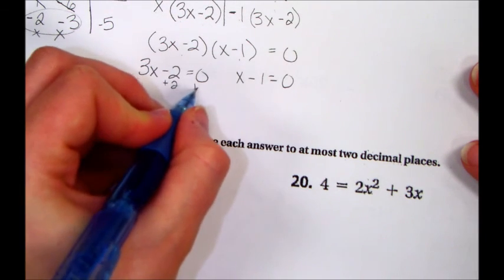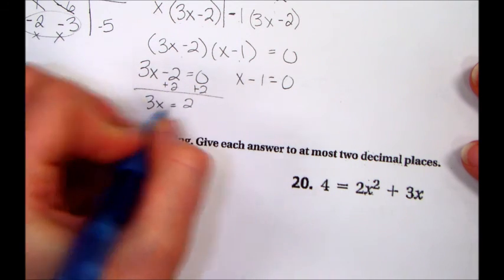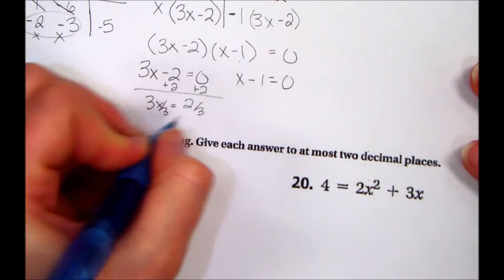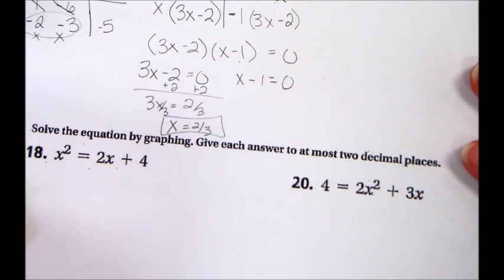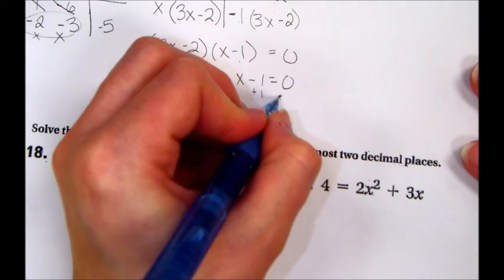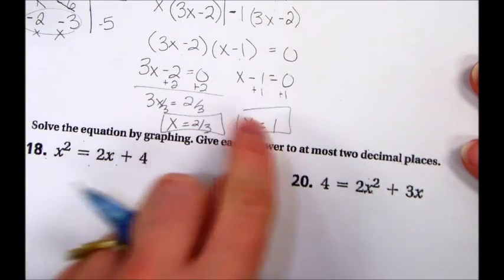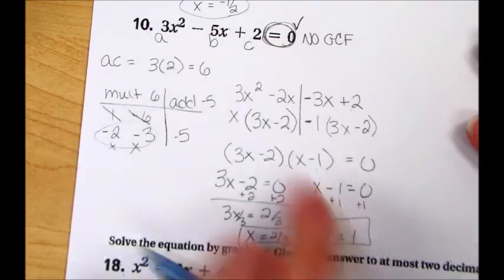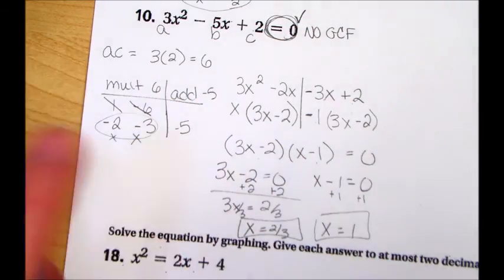Over here, you add 2. 3x equals 2. Over here, you divide by 3. X equals 2/3. Over here, you add 1, and you get x equals 1. These are the two solutions that you must have in order to solve this problem and get 0.